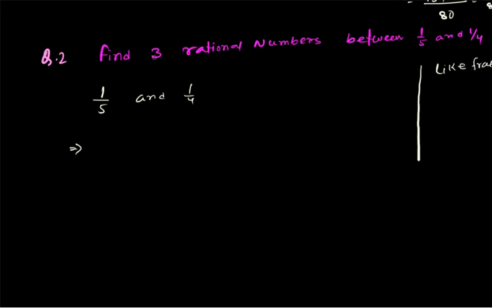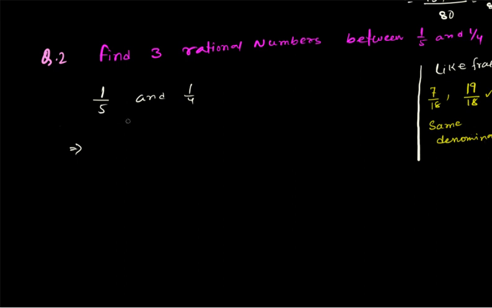If we have two fractions having the same denominator, say 7 by 18 and 19 by 18, these two will be like fractions because they have the same denominator.